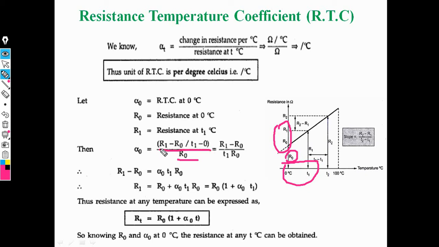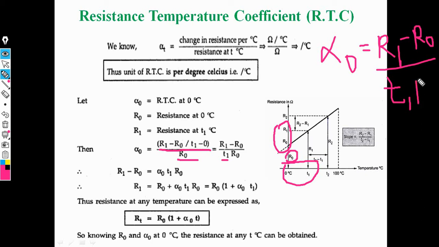So we obtain alpha 0 is equal to R1 minus R0 upon T1 R0. This is the formula. Then this T1 is multiplied by alpha 0, that is alpha 0 T1 R0, and R1 minus R0 as it is.